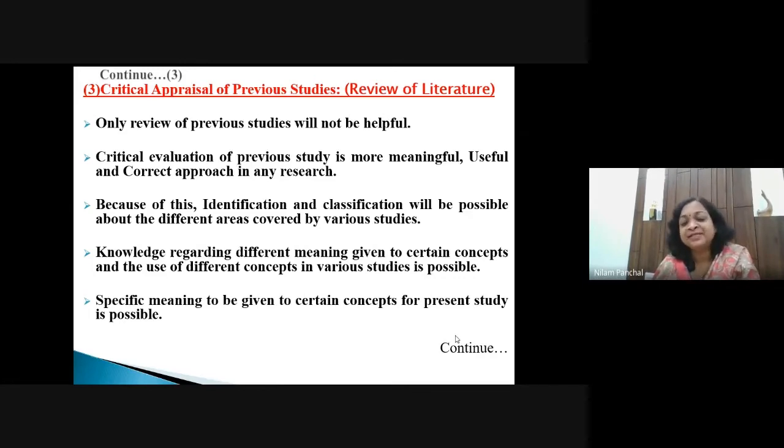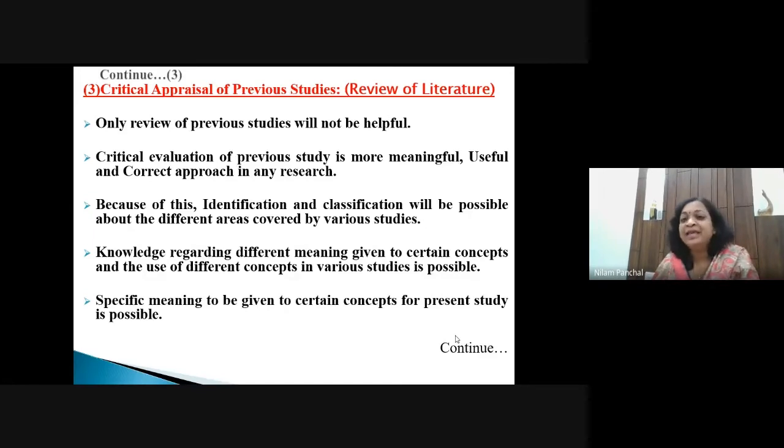Thirdly, critical appraisal of the previous studies, that is called a review of literature. Friends, we are doing review of literature, but in general, many times we have seen that people cut and paste paragraphs. Actually, the review of literature here represents a review of the previous studies.